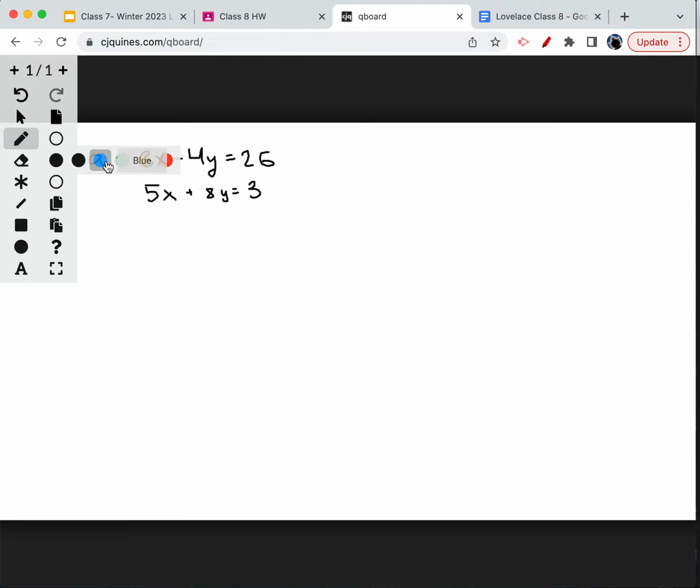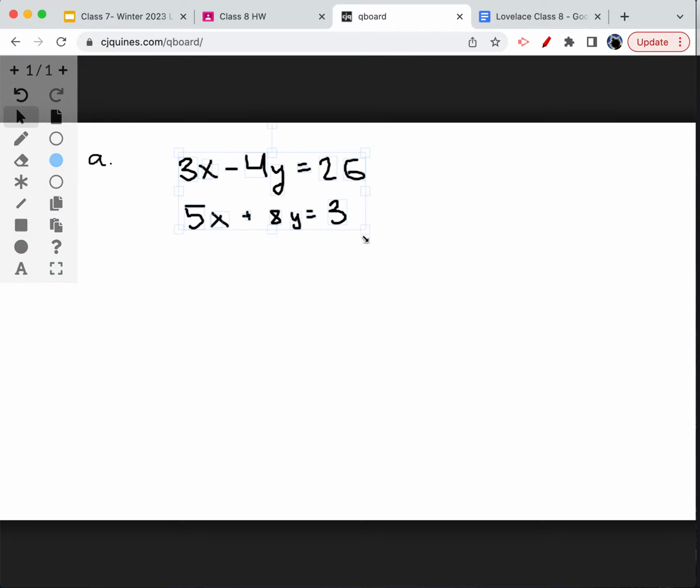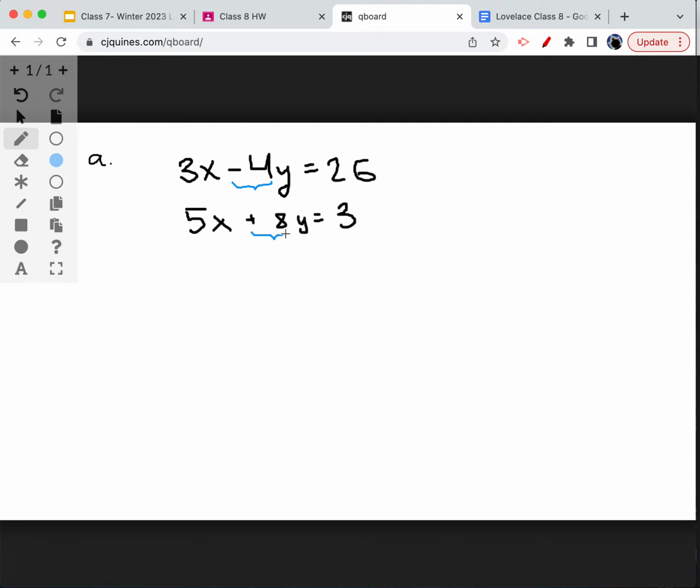So hopefully you guys remember our technique for elimination, and that is like when we try to sort of eliminate one of the variables by equating the coefficients of it. So for example, over here we can see that the coefficient of y is minus 4, and the coefficient of y in the second equation is 8.